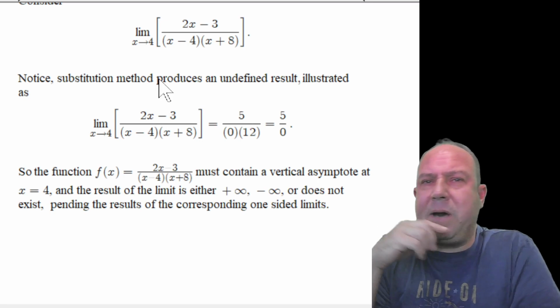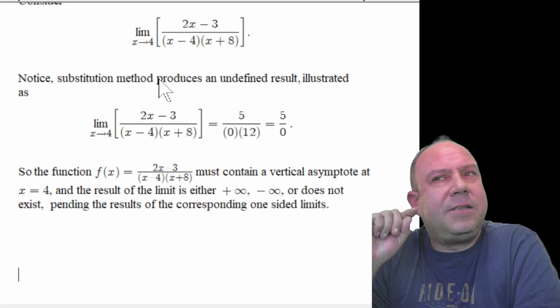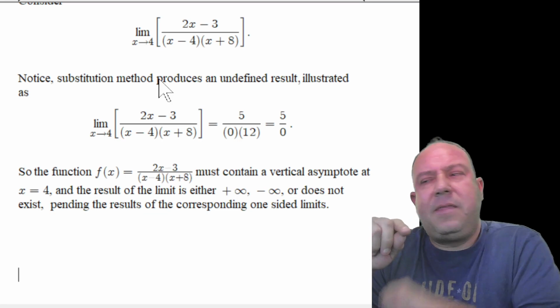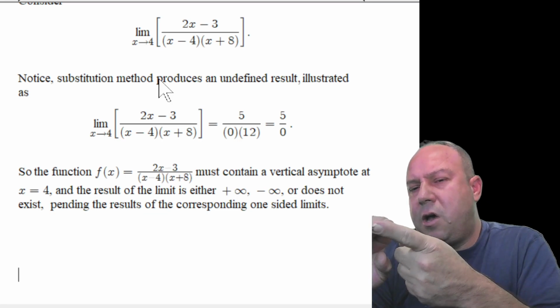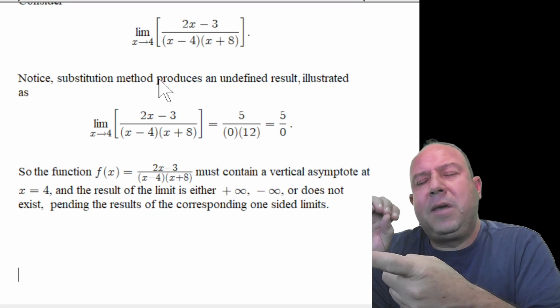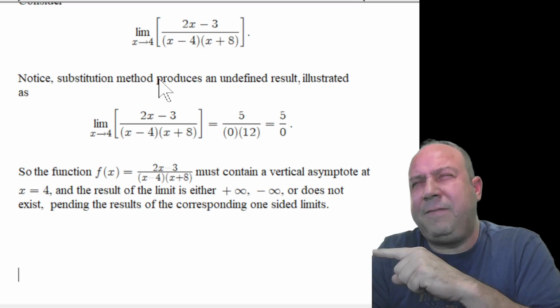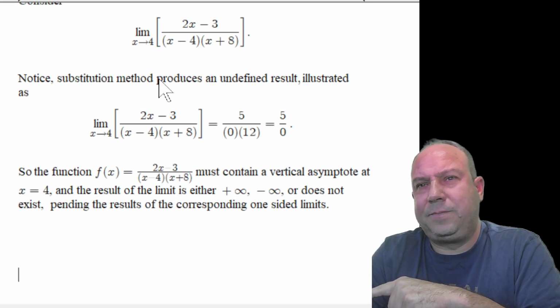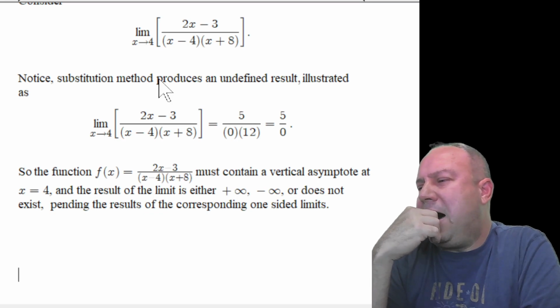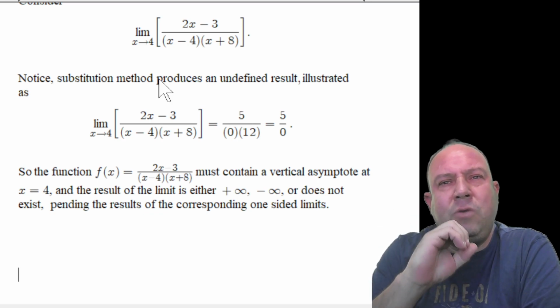Because what we know about the left-hand and right-hand side approaches is that they're one of two results. They're either plus infinity or minus infinity, because being one-sided, they must be able to be evaluated as one or the other. We're not going to be allowed to say they do not exist.